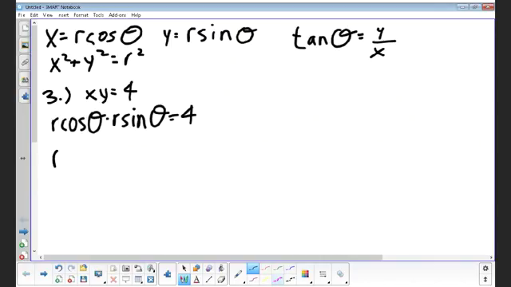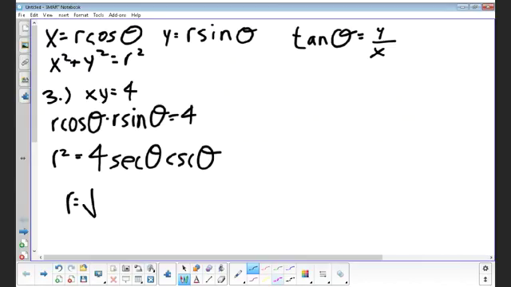So we'll have r squared on the left is equal to 4 times, and now we're going to do a little bit of simplification here. 1 over cosine is secant, 1 over sine is cosecant, so we'll have 4 secant theta cosecant theta. And to get this in terms of r, we just say r is equal to the square root of 4 secant theta cosecant theta.